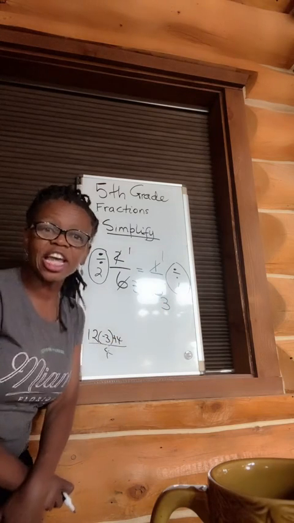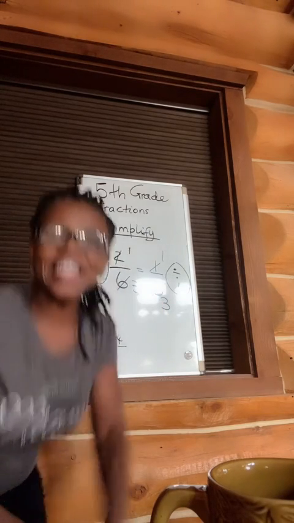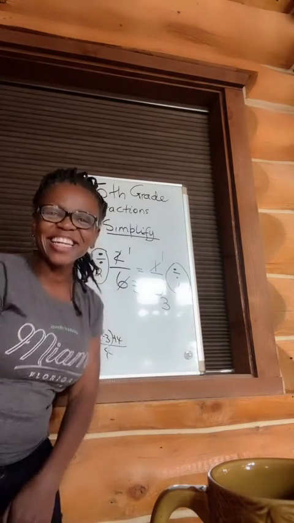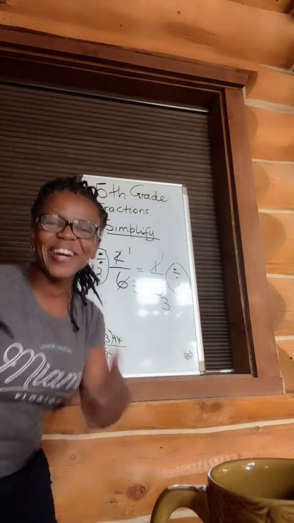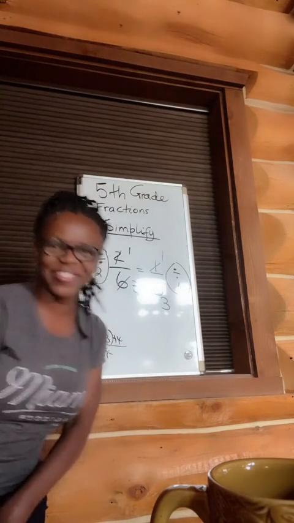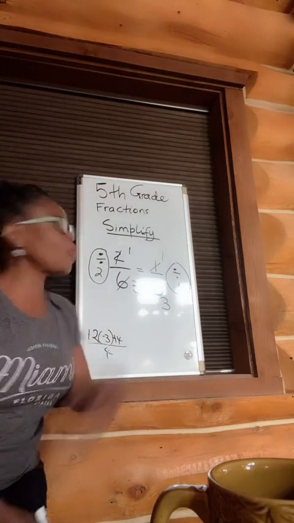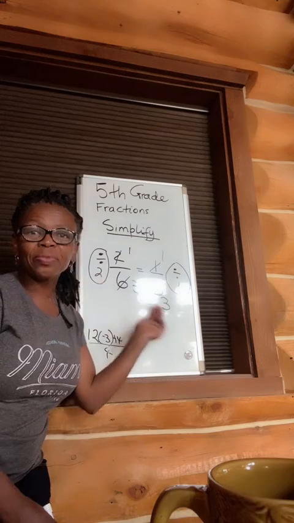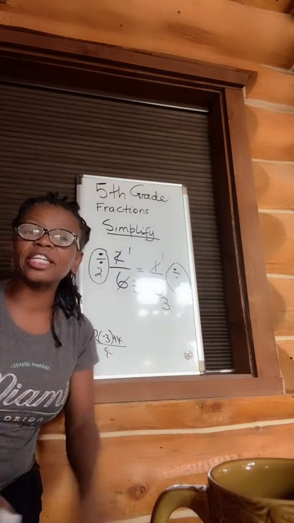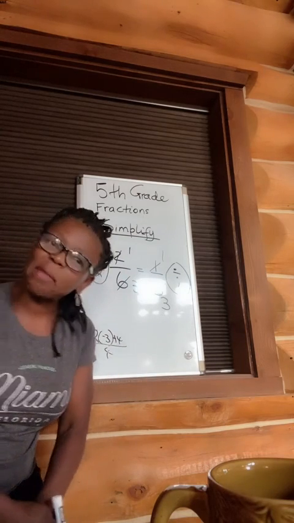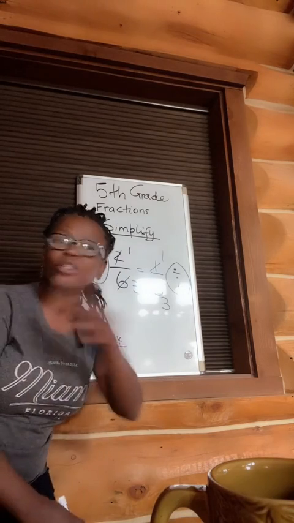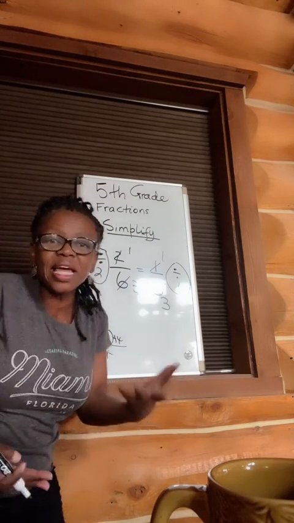I said, okay, let's divide by 1. What happens? It remains the same. Yes, you have to remember that. So when we simplify, we are looking to divide by another number besides 1, because when we divide by 1, it's still the same.